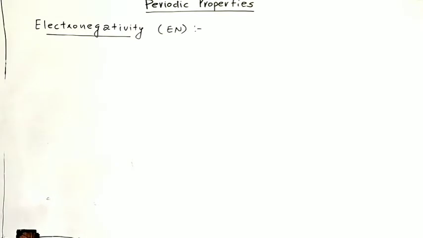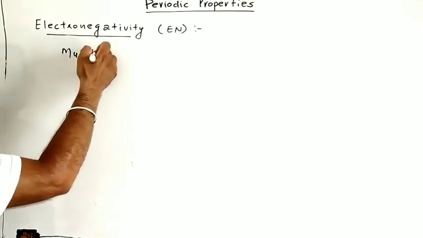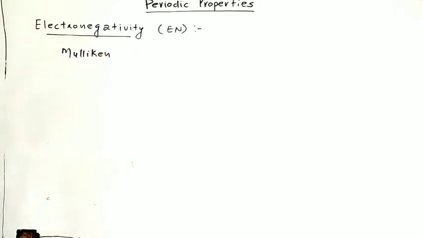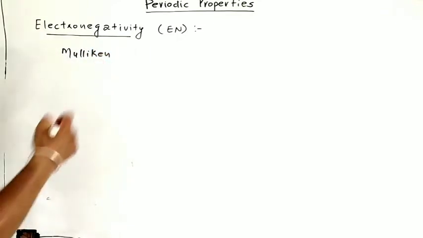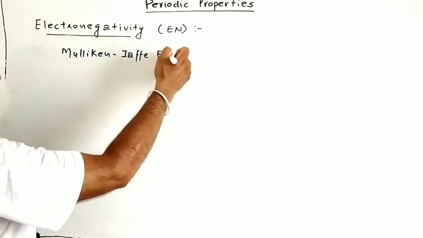Next is the Mulliken scale. Its full name is the Mulliken-Jaffe electronegativity scale.